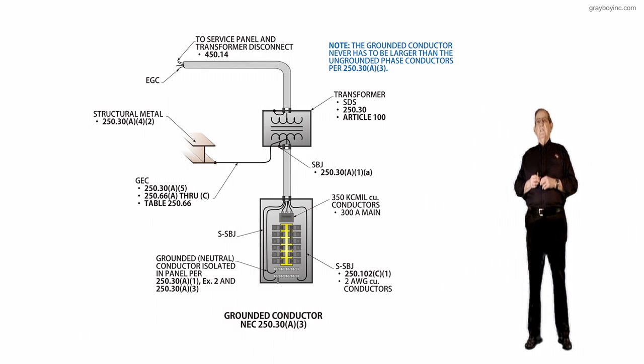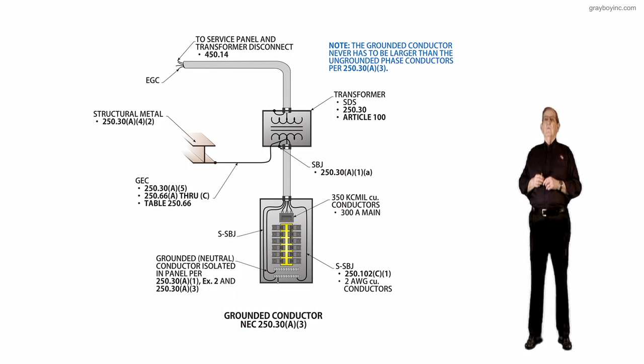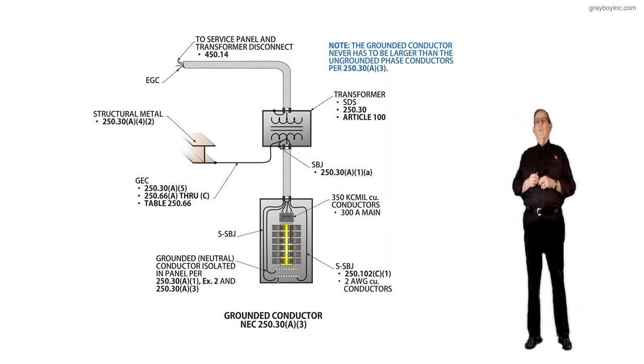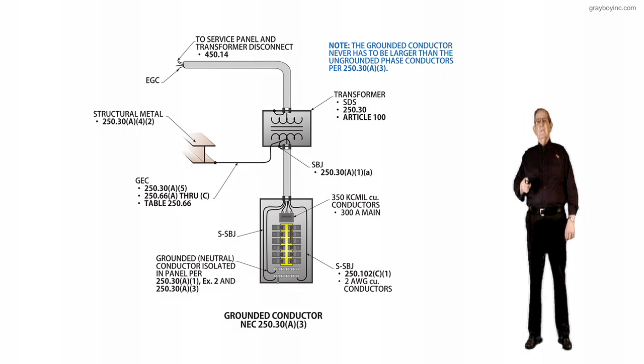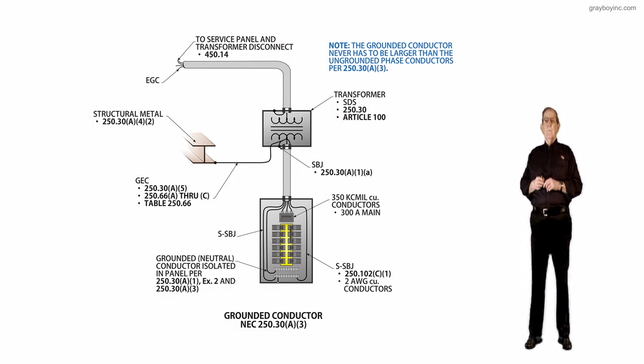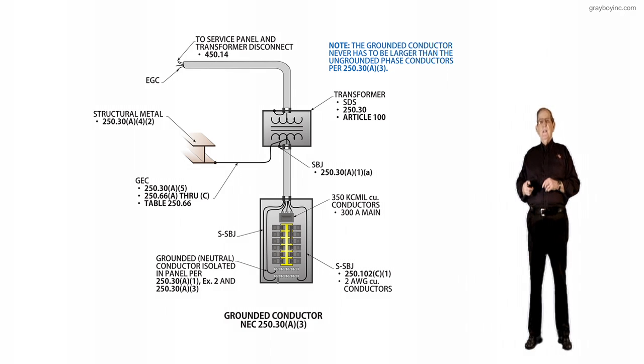Now, if you look at the transformer itself and that callout, it's a separately derived system, SDS. We're grounding it in accordance with 250.30, Article 100, and the grounded conductor is coming into the panel board and it's isolated. So any unbalanced current flowing back to the grounded bar will not transfer over that neutral in any way. It's isolated back.